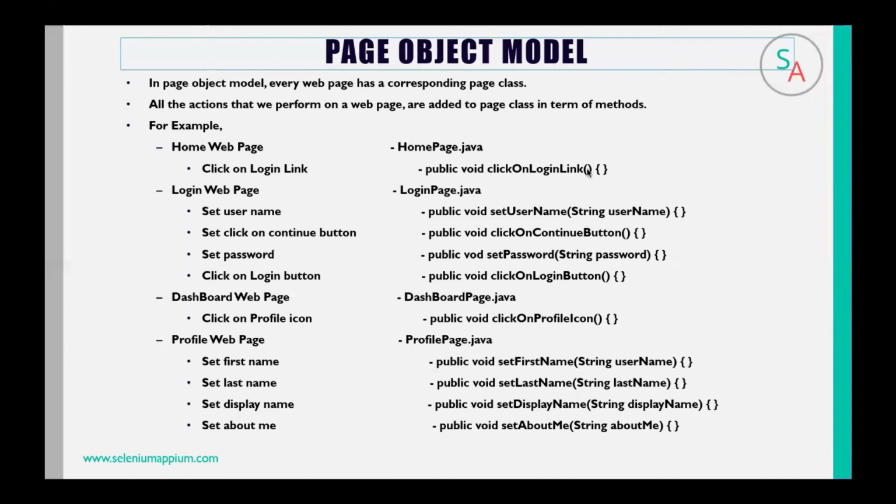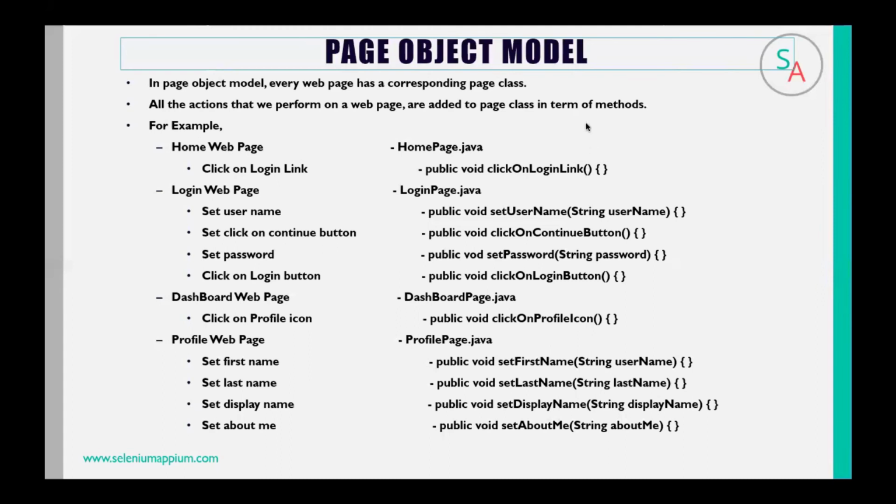Your changes are limited to that particular page class and to that particular page method, so if something is changed, you don't need to worry where all you have to change. You simply have to go to the corresponding page class and do the necessary modification.